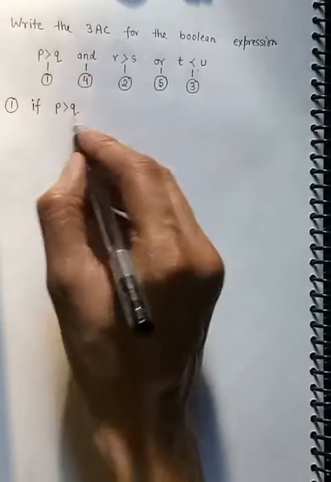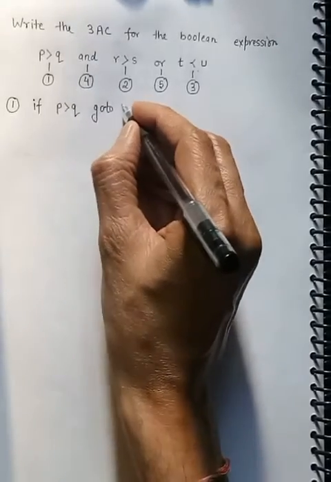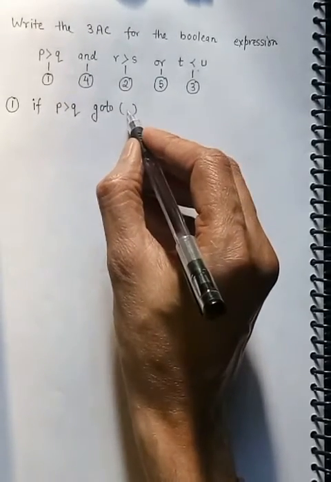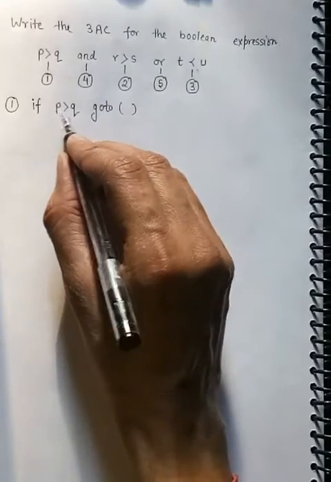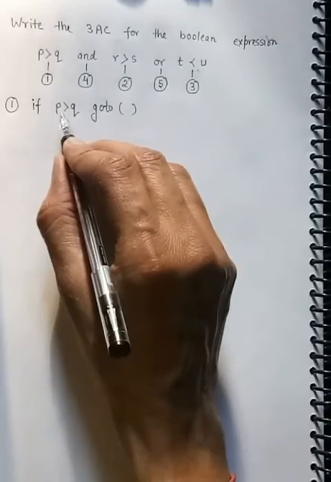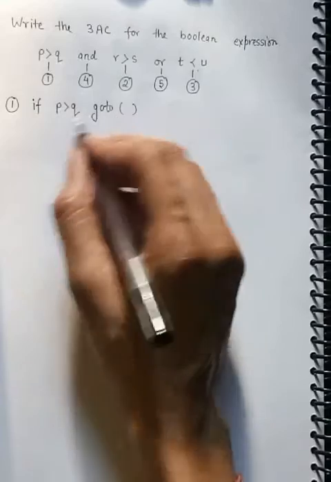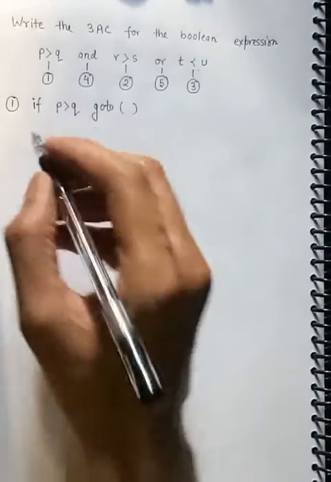If p greater than q, then go to a label where we are going to store the value of p greater than q, true or false. If the result is true, we will assign 1, otherwise 0.